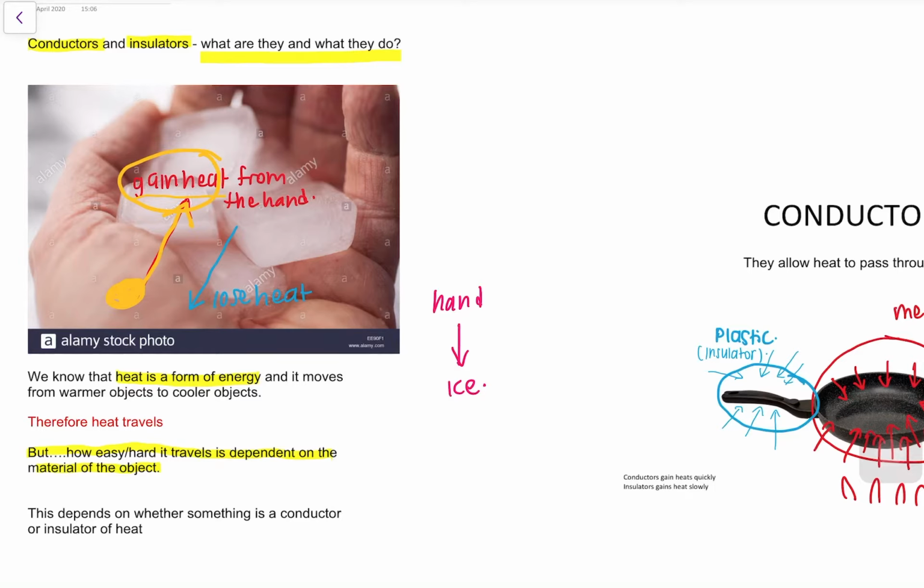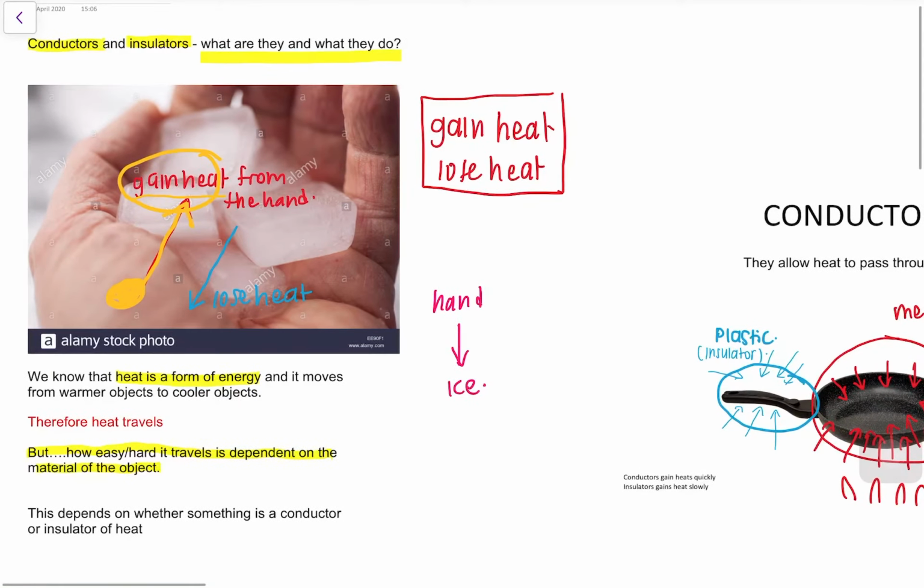Since the heat from the hand is transferred to the ice, the hand actually loses some heat. So the hand is losing heat to the ice. So these are very important words to remember when we are doing heat. So 2 words to remember are gain heat, lose heat. Please remember this because it is very important when you answer your questions that are related to heat.